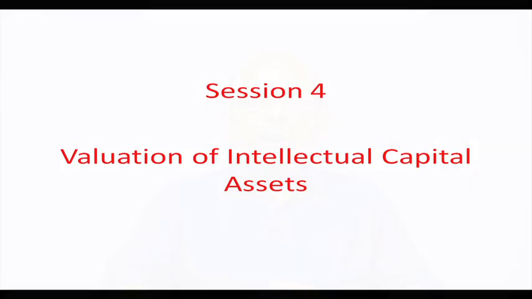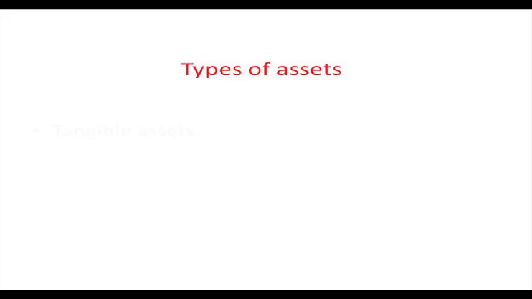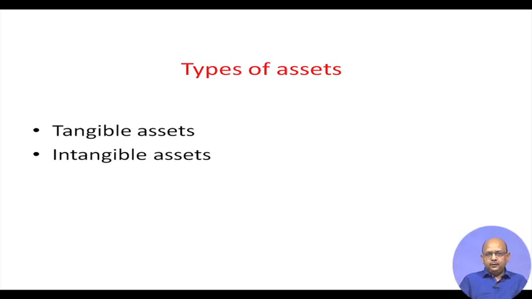So, when it comes to identifying the various kinds of assets to be valued, it includes three kinds of assets: tangible assets first, which I have already talked about, then intangible assets second, and you know the difference between tangible and intangible assets.